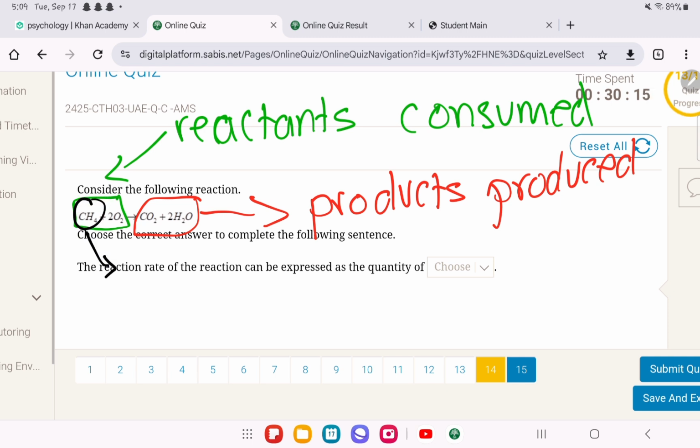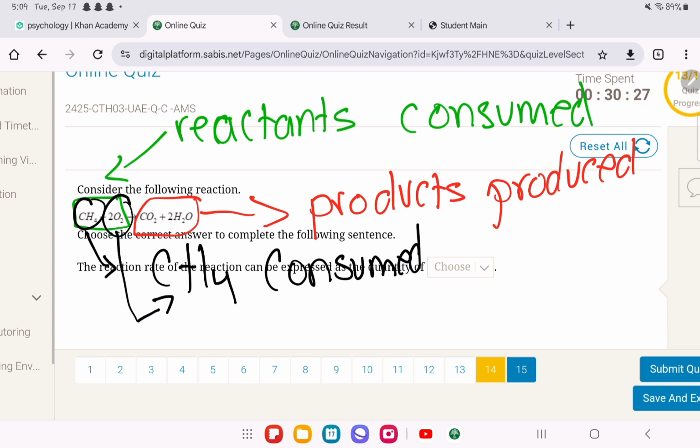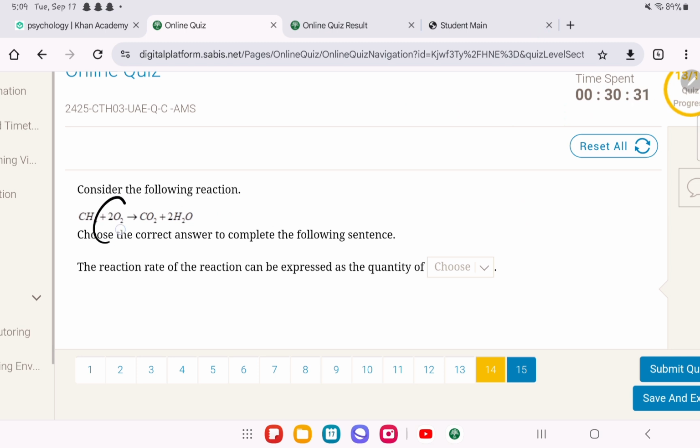The reaction rate of the reaction can be expressed as the quantity of CH4 consumed. Or you can take 2O2 and put it instead of the CH4, so you're going to have the quantity of O2 consumed. Same thing for the product. If you put CO2 or H2O, it's going to be one of them produced.